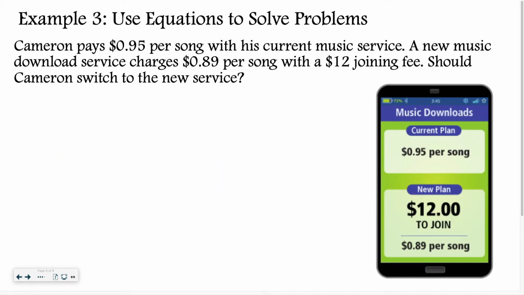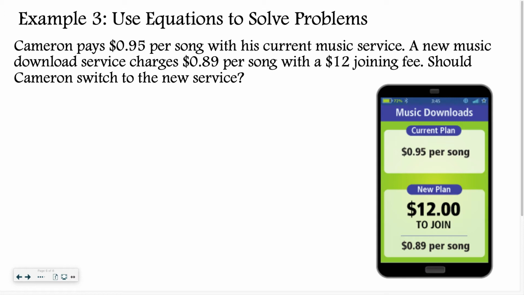All right, example 3, let's use these equations in real world examples. So, Cameron pays 95 cents per song with his current music service. A new music download service charges 89 cents per song with a $12 joining fee. Should Cameron switch to the new service?